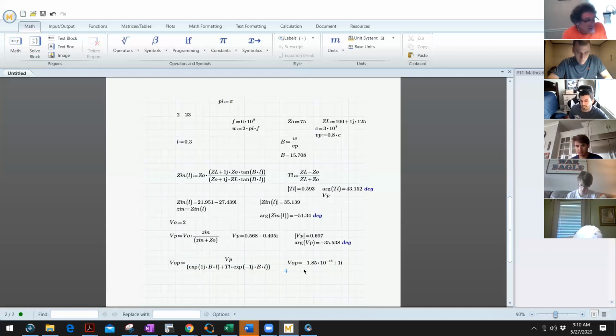The magnitude of V0 plus is 1, and the argument of V0 plus is 90 degrees. So it's 1 at an angle of 90 degrees. Can you all verify that, class?